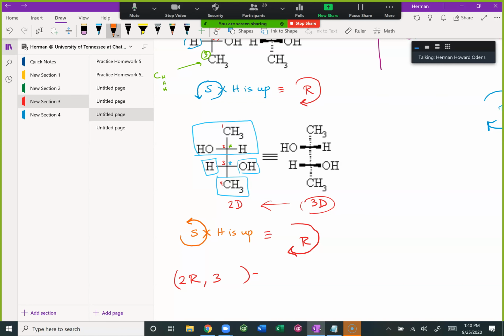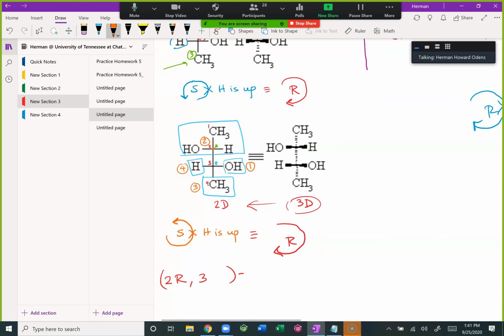All right, so now you have to assign the priorities. The OH will take the number 1 spot. Carbon 2 has an OH attached, so this carbon beats carbon 4 because it has an OH. That carbon is 2 in priority. The CH3 is 3rd, and the H is 4th.